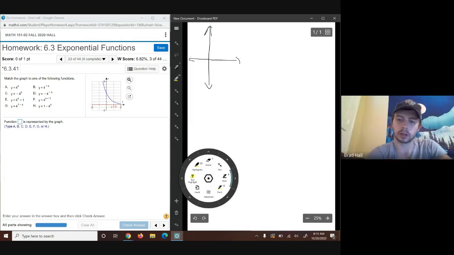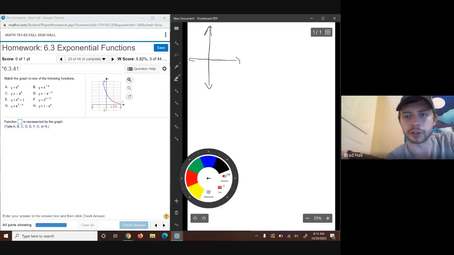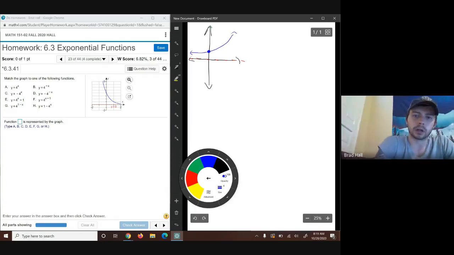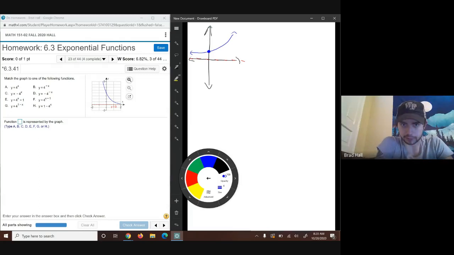Okay, there we go. So remember, the parent function is just like this.